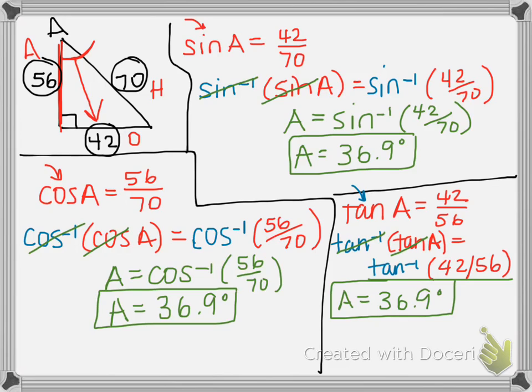So on your own, I'd like you to do the next few questions, and you can pause the video after I get them down and work on them and then come back and we will talk about them. So the first one, we have our right triangle here, and this one's kind of a little crooked from what we're used to.